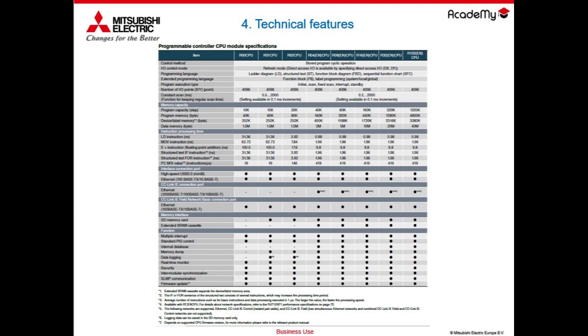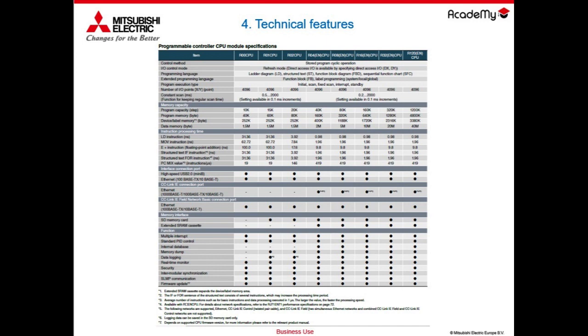Here we can see the different models available for the R control CPU. We start from an R00, and we can then choose an R01 or an R02, an R04, an R08, an R16, an R32, an R120.